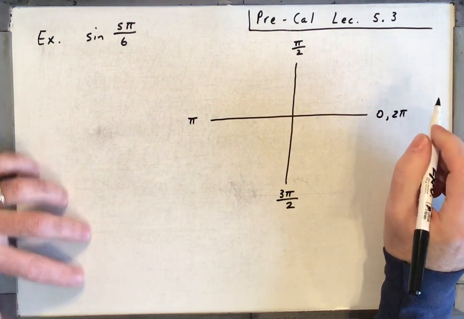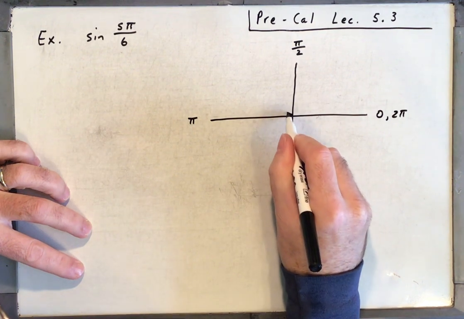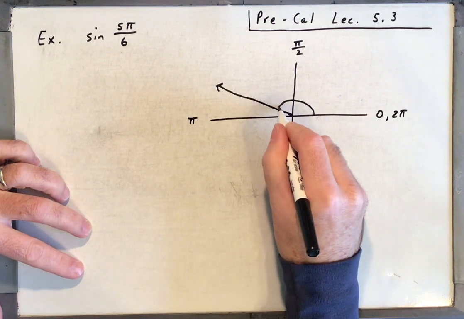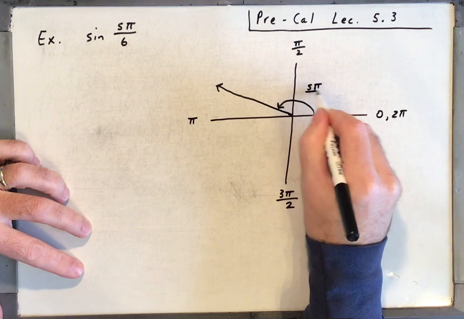All right, 5 pi over 6 is in quadrant 2. All right, so that is 5 pi over 6.